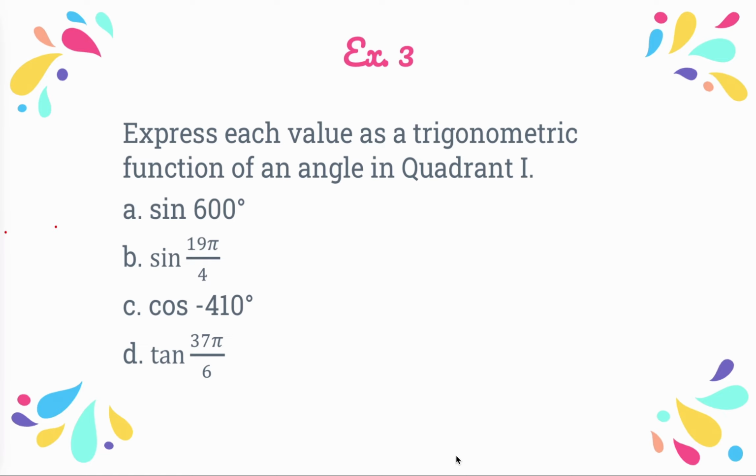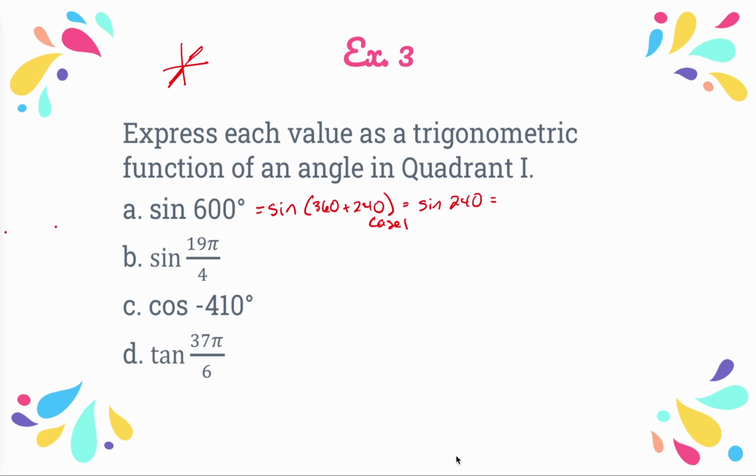So we can make this sine of 360 plus 240, and according to case 1, that's just equal to the sine of 240. Now, 240 is in quadrant 3, so we need to switch from quadrant 3 to quadrant 1. That's going to be case number 2.